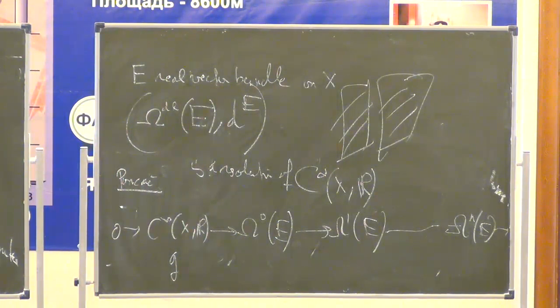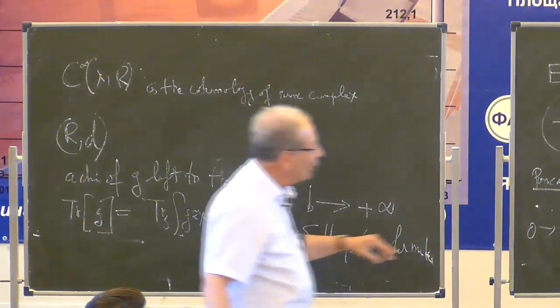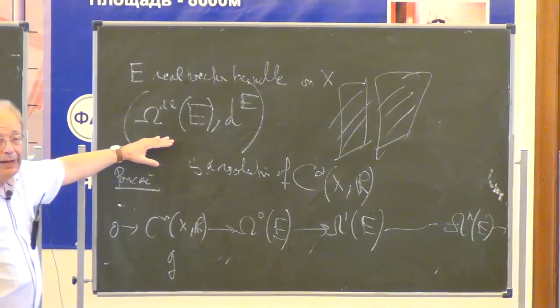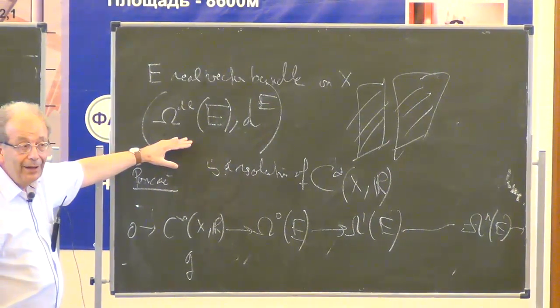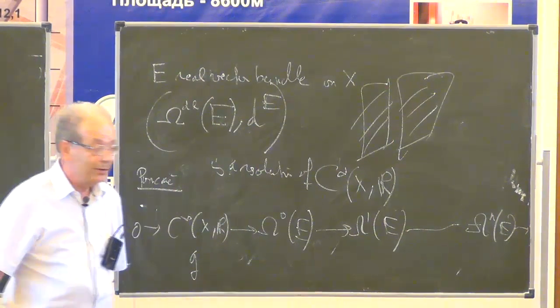So before proceeding, I will also say that if we want to apply this mechanism, we need to devise the proper Hodge theory. In other words, when we have this resolution, we need to understand what is the Hodge theory of the resolution. So in other words, we need to understand what is the Hodge theory of the relative de Rham complex. Okay, because the relative de Rham complex is precisely one of these resolutions.